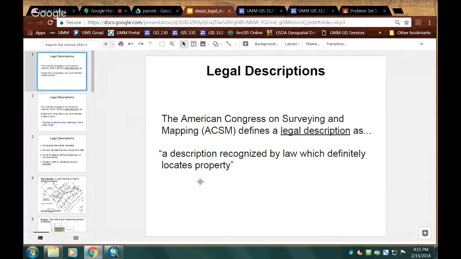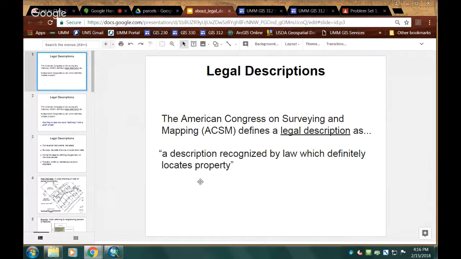It is typically created, in most states, by a licensed surveyor. In Maine, it's not required that you're licensed. They do license surveyors, but they don't require that surveys are done by licensed surveyors. Incidentally, if you ever hire a surveyor, hire a licensed surveyor. As we work with some of these legal descriptions of land, you'll see why you want a trained, certified, licensed surveyor.